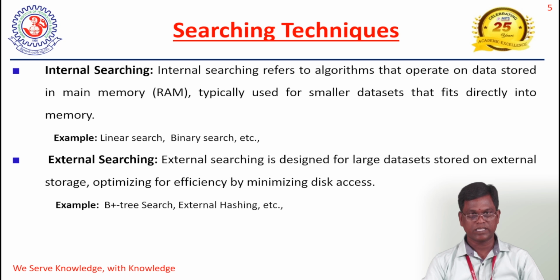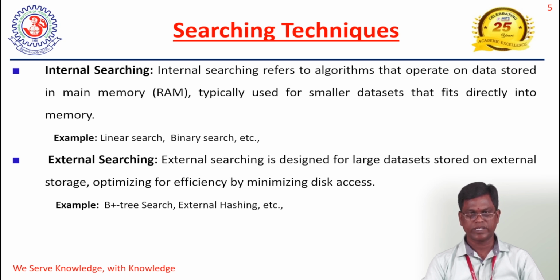And coming to the second category, external searching techniques. Whenever we have large data sets which are stored on external storage, like magnetic tapes or magnetic disks, and you want to find a particular value or record from that large data storage, then I use external searching techniques where we can minimize the disk access.